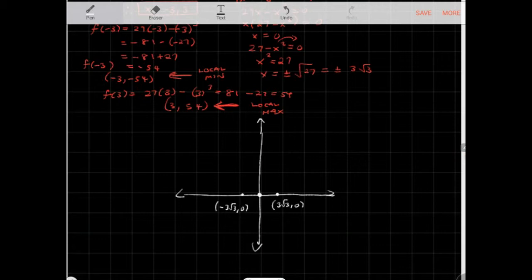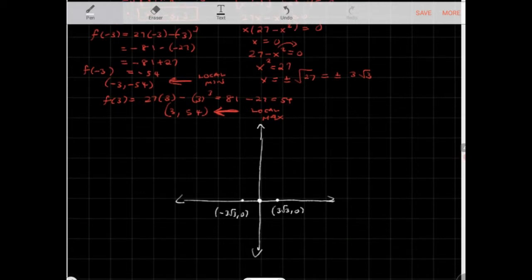We can understand that 3 square root 3 is approximately 5.196. It'd probably be wise if I just move this out a little bit. Let's move this here, and let's move this here. Okay, and we have a point (-3, -54).